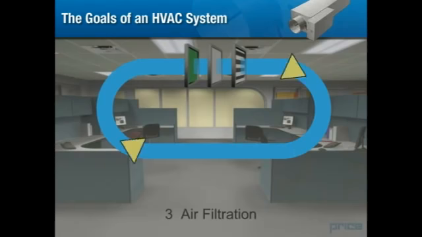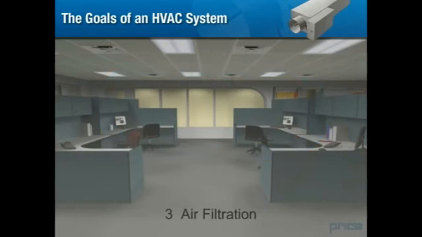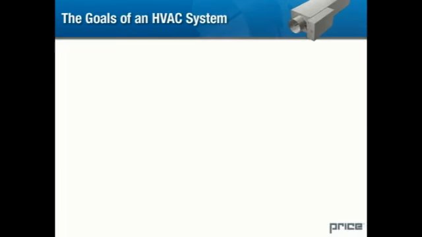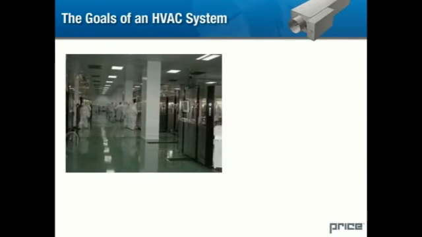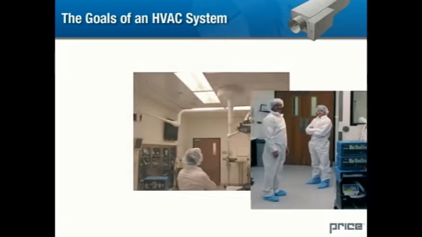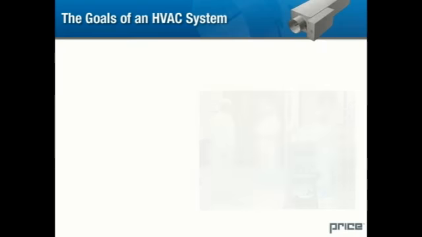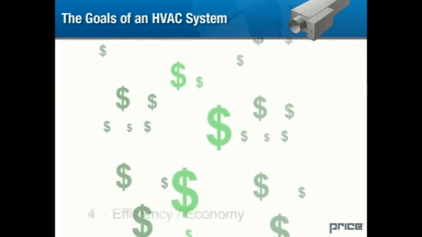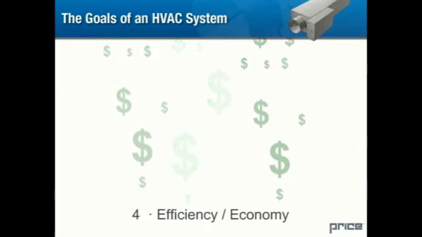As important as this consideration is in an average office or commercial building, this feature is critical in facilities that contain clean rooms, medical facilities, or hazardous materials. Finally, with the spiraling cost of fuel, HVAC systems must also be efficient and economical.